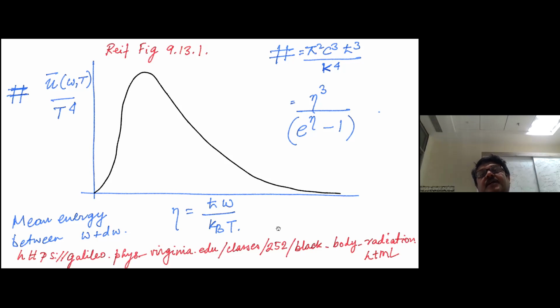So the question is, can we make the right assumptions about the microscopic nature of light-matter interactions to explain this? If we are able to explain this correctly, then we also have access to an understanding of the microscopic nature of matter and light. So that's the big picture.